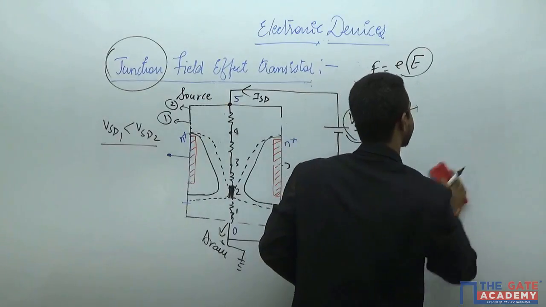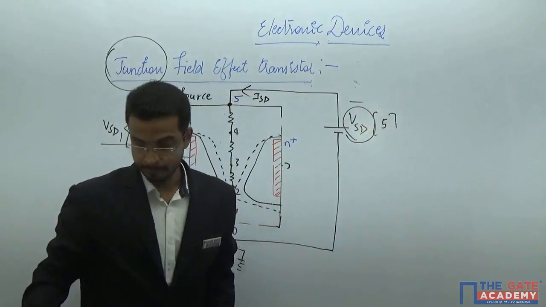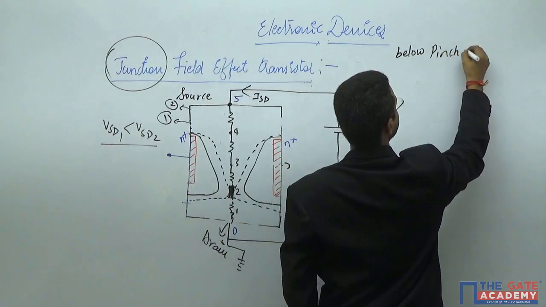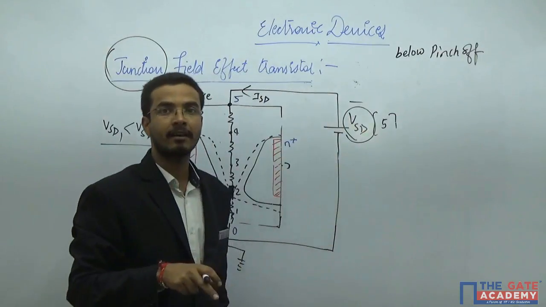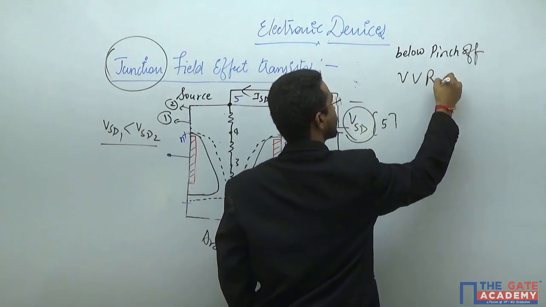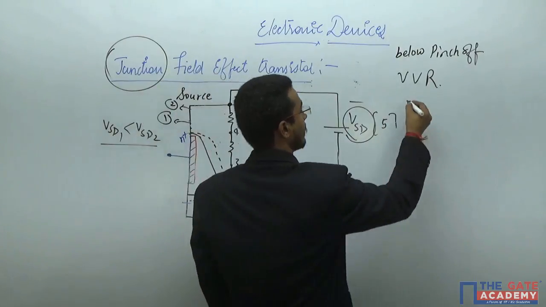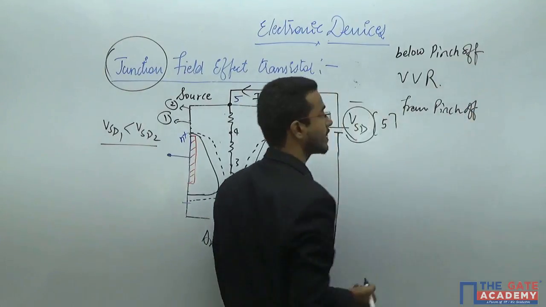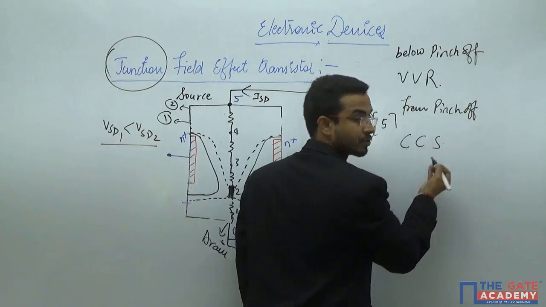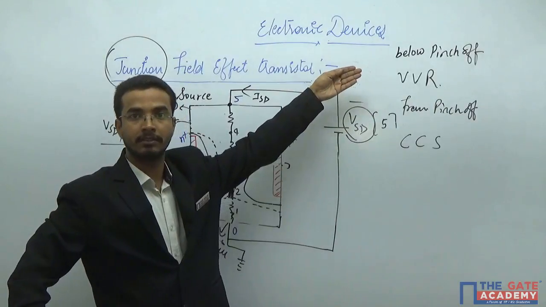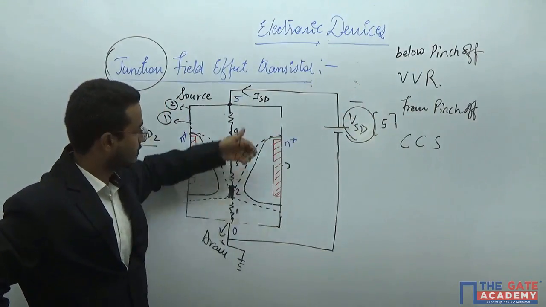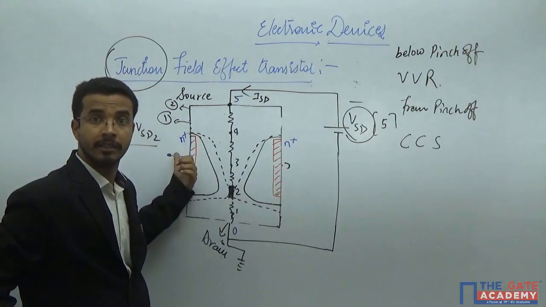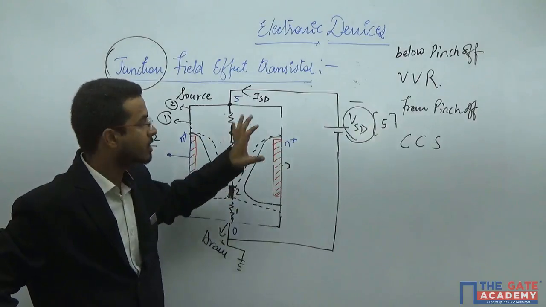So you can characterize this particular device: below pinch off, the device will act as a VVR, voltage variable resistor, and from pinch off, the device will act as a constant current source. These are only the two regions, and it is from this to this. And I haven't applied anything across these two terminals. This entire device, whatever you are having, is just because of this.